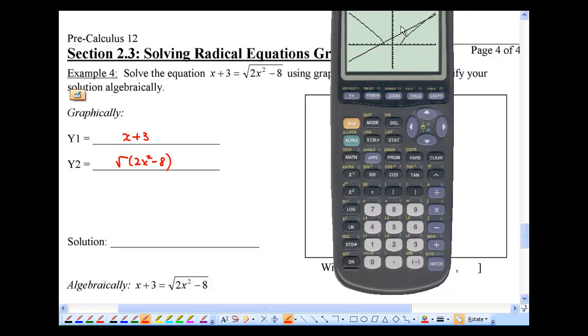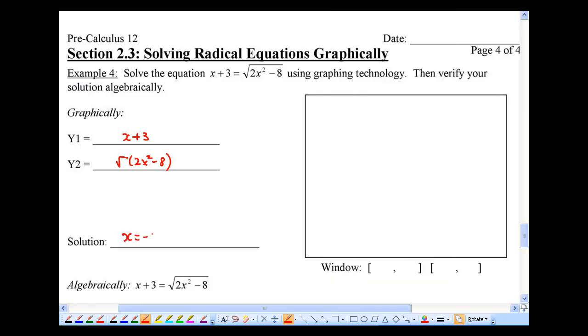Seems like there are two intersection points, so we'll do that. Calculate intersect. First curve, sure. Let's do the one on the left first. Second curve. So one of my solutions is negative 2.09902. So how about negative 2.1? So x equals negative 2.1.